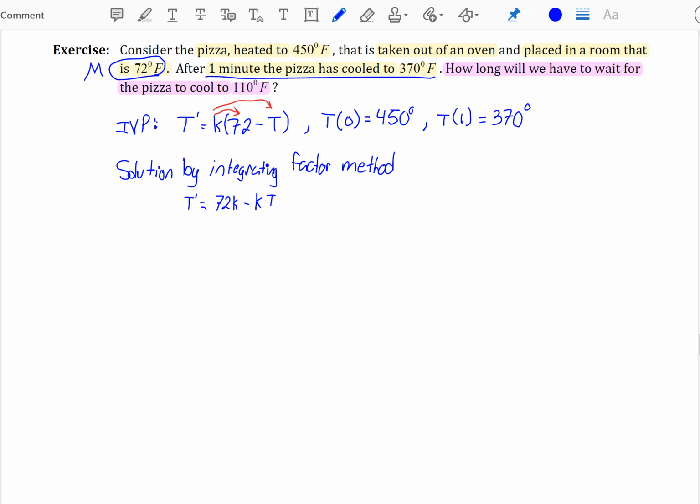And then write the kT on the left-hand side. In this form, we can now identify what our integrating factor is going to look like.